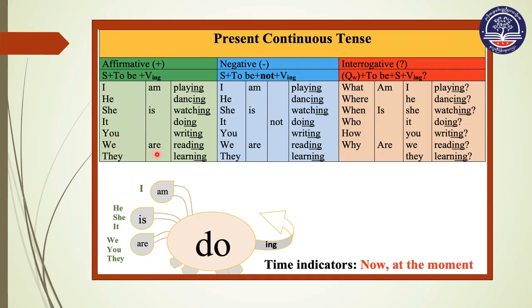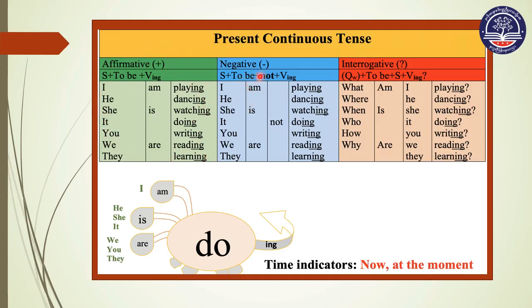We are reading. They are learning. Okay? So that's the form. The word order: here are the subject, and over here are the verb to be and the base verb plus ing, and you have the affirmative over here, right? So these are the affirmative forms.